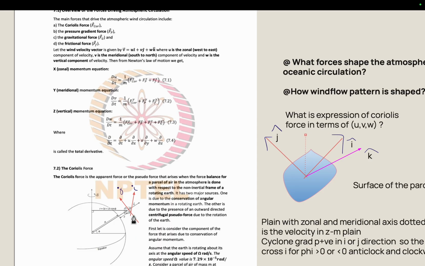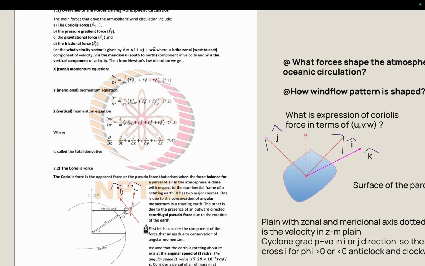Any air volume or air parcel can move in any direction. Movement of this air parcel can be described by three independent coordinates. The first is along the k cap direction, which is parallel to the radial direction of the earth, and the other two are the i cap and j cap directions.